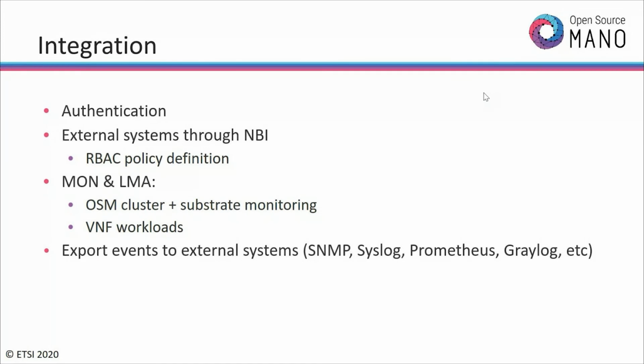So that depends on the approach. On the academia side, I've seen proposals to have a multi-domain orchestrator that will plug into several OSMs or ONAPs or whatever you have in terms of orchestration. That's something interesting.